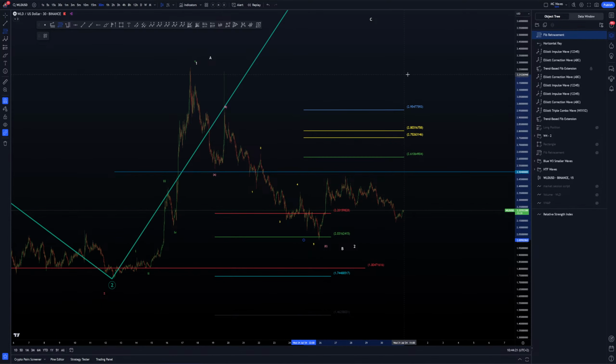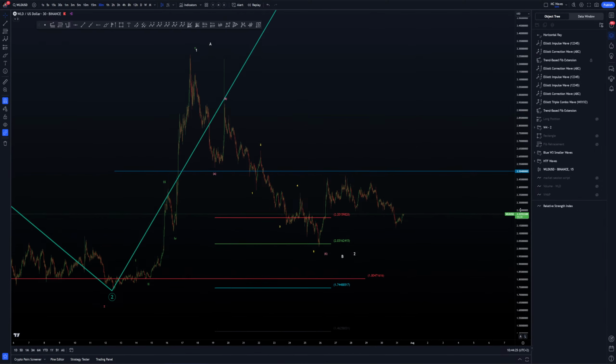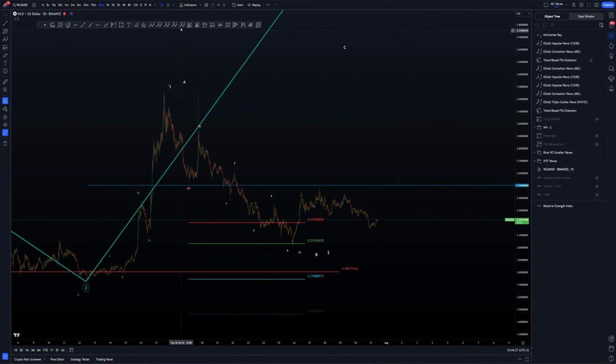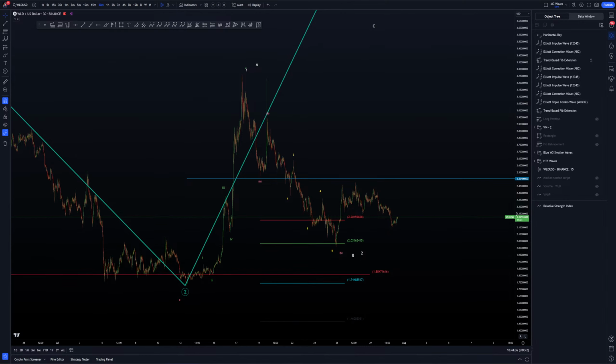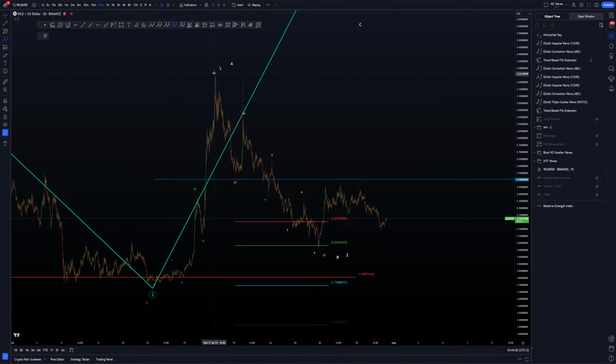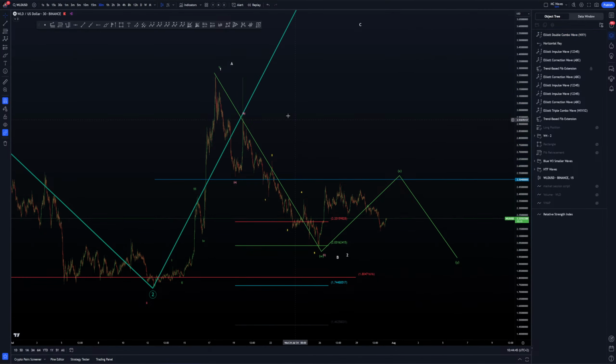Don't know if we retrace here 38.2. No, we don't yet. So, well, if Bitcoin is doing the double XY here, we should get a bit of a rise and then another drop. So if we get the same here, because normally everything is following Bitcoin, really, we can look for a W, a next wave, and then a Y wave to the downside there.